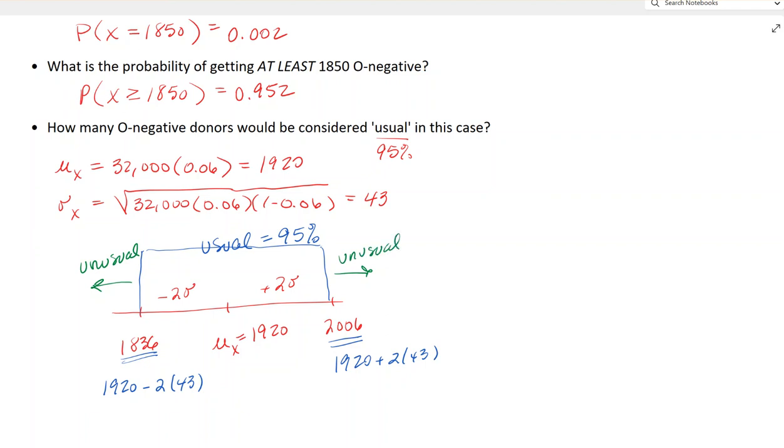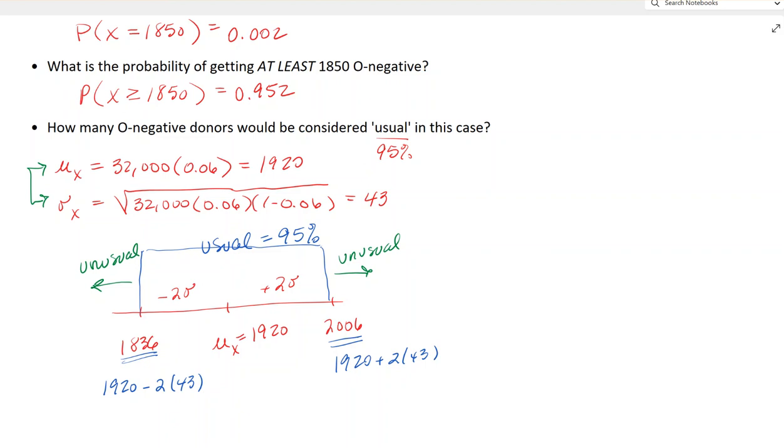So if I want to talk about things that are considered usual versus unusual, I can use this empirical rule and add or subtract my 2 standard deviations from my mean, which we calculated up here, to be able to answer that question.